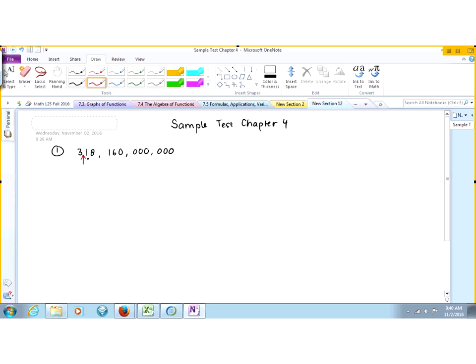Find the number between 1 and 10. So this is 3.18, or we could use the whole decimal, 3.1816 times 10 to the, and what is the exponent?